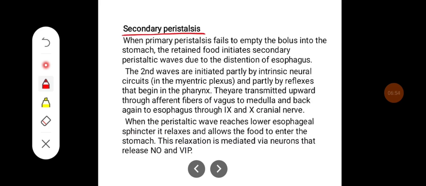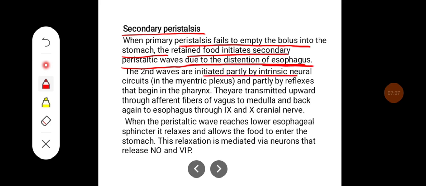Secondary peristalsis. When primary peristalsis fails to empty the bolus into the stomach, the retained food initiates secondary peristaltic waves due to the distension of the esophagus. The secondary waves are initiated partly by intrinsic neural circuits in the myenteric plexus and partly by reflexes that begin in the pharynx.